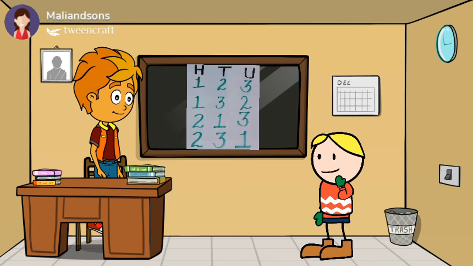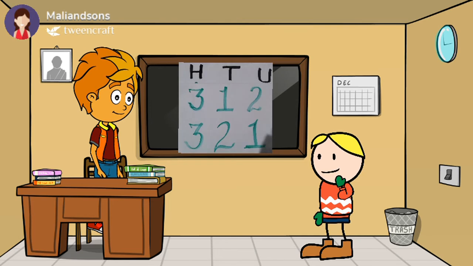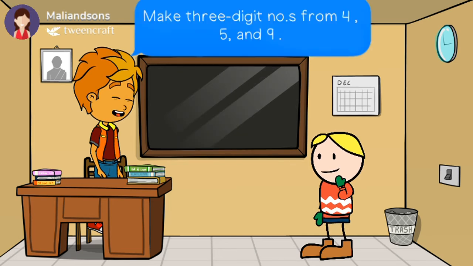The numbers are 312 and 321. Very good, Ram. Now be ready to make another three-digit number from 4, 5, and 9.